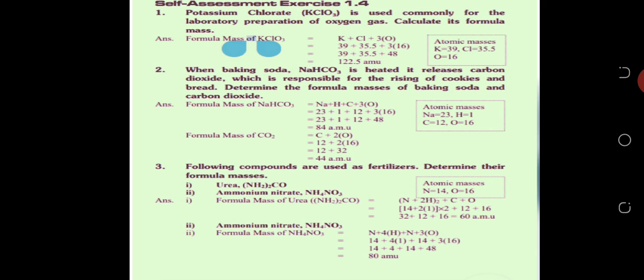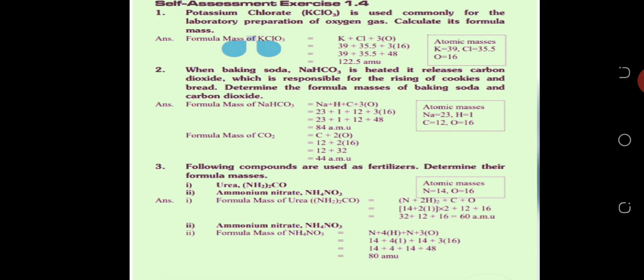This is the formula mass for sodium hydrogen carbonate, baking soda. Formula mass of carbon dioxide is so simple: 12 for carbon plus 32 for oxygen atoms. We will get 44 AMU.